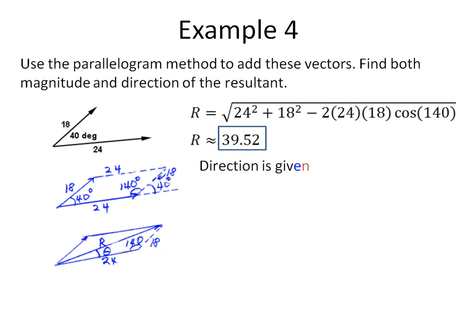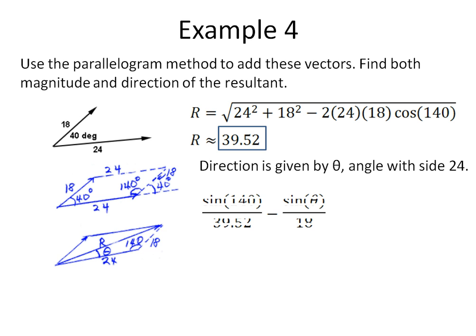Okay, then we need to find what the angle theta is, and it's an angle with a side 24. Okay, so the sine of 140 over 39.52, which is what we found in the previous step, is equal to the sine of the missing angle theta divided by 18.